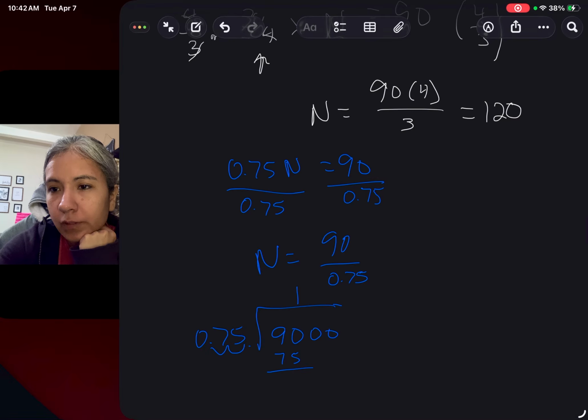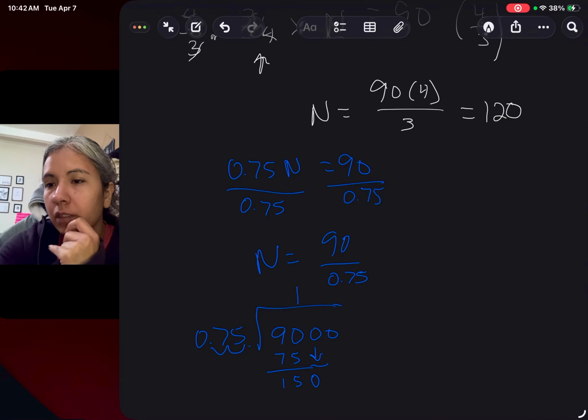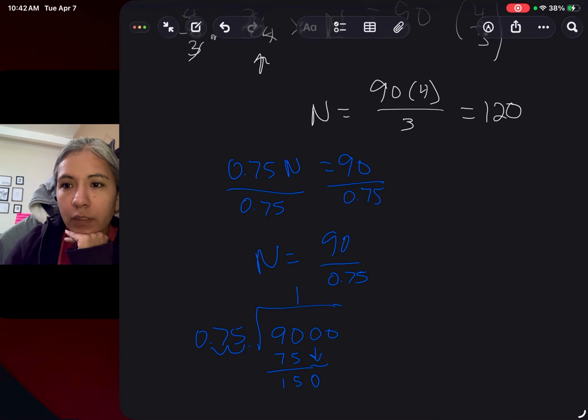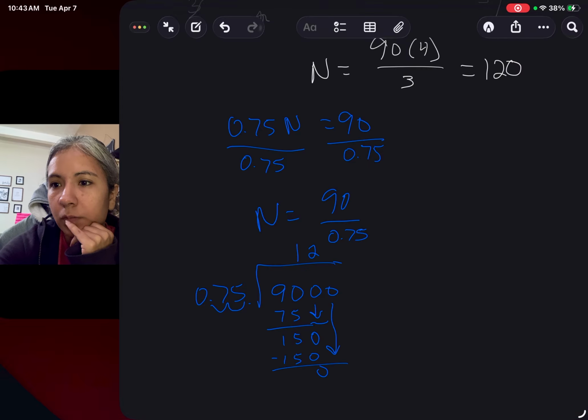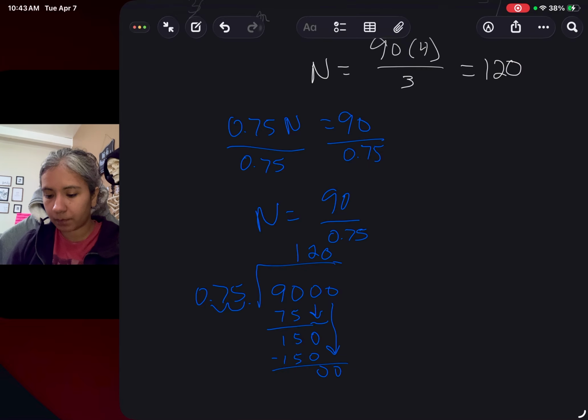That would be 15. And we drop this 0. 75 goes into 150, that would be 2 times. That would be 0, and then we'd still have our last 0. Right?